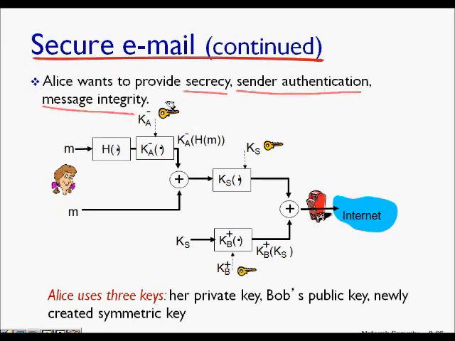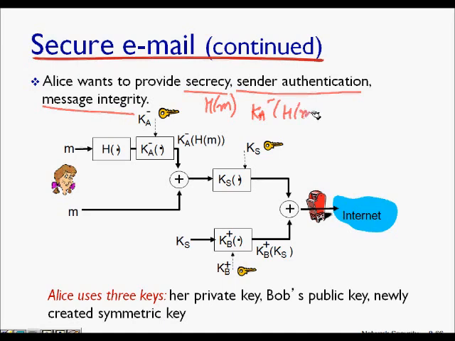So first, to provide integrity of the message, she finds H of M, a message digest, then she applies Ka minus, she signs it with her private key, which will authenticate that she is the only one who has signed the message.